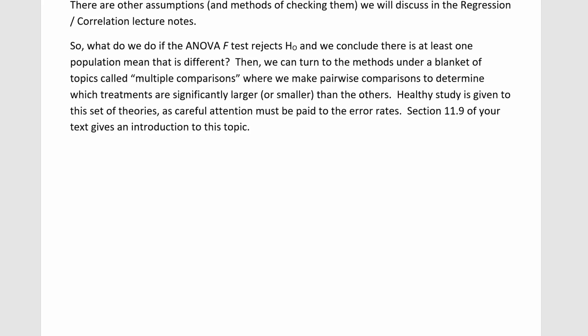Then we turn to that method under the blanket of topics called multiple comparisons. So healthy study is given to that set of theories. Careful attention has to be paid to the error rates, and section 11.9 in your textbook gives you an introduction to this topic. All right, so that's all we're going to learn about the ANOVA for this semester.